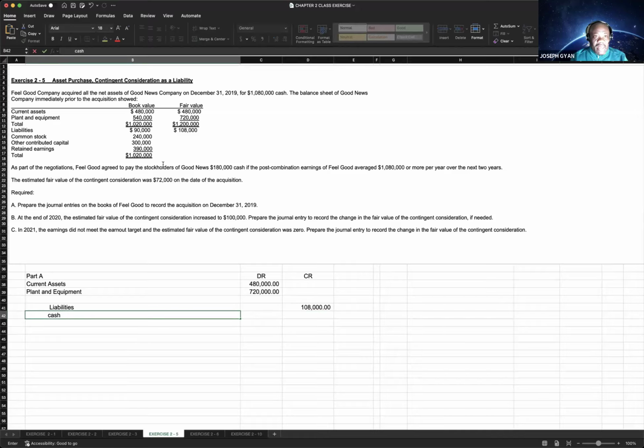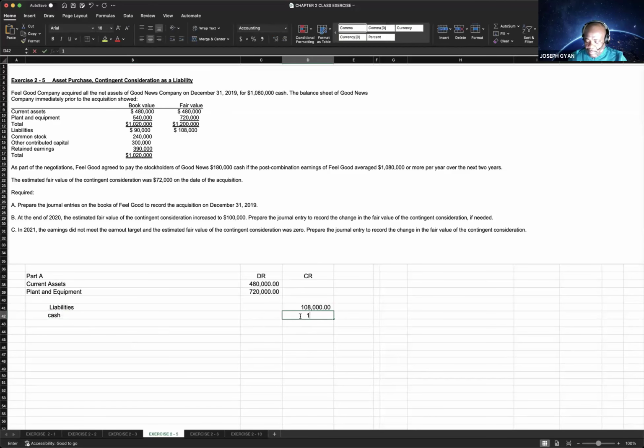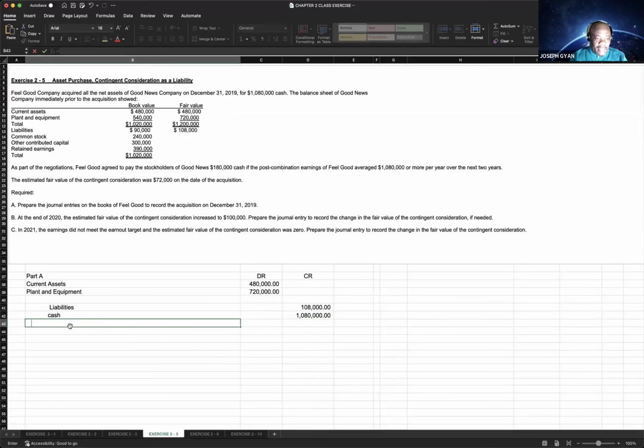How much cash are we giving them? 1,080,000. Okay. Then we promise them the contingent liability. We promise them that we'll give them the liability.